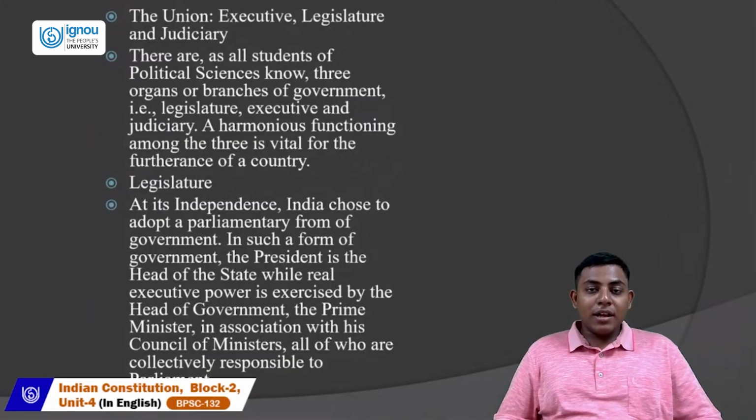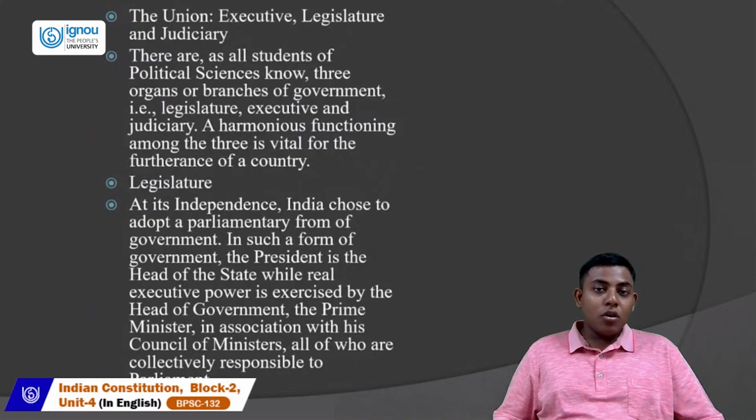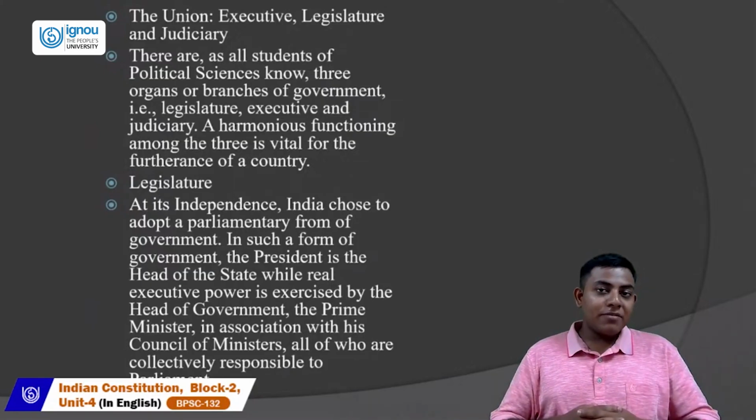And Article 75 also has other provisions as to the Council of Ministers. It says that on the recommendation of the Prime Minister, the President shall administer oath to the other ministers as well, and they shall hold office during the pleasure of the President. And a very important provision is Article 75 Clause 3, which can be called the cornerstone of India's parliamentary democracy.